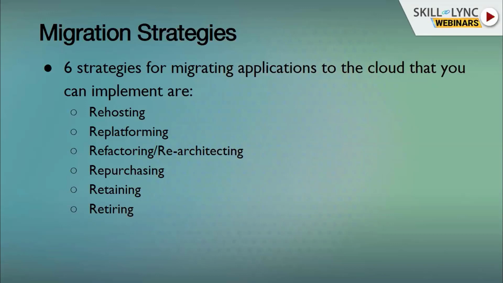Like if the application will run only on Windows 2012, then we'll take the code from the on-premises and run it on 2012 in the cloud. So the 6 R's we always have to consider while moving to the cloud.